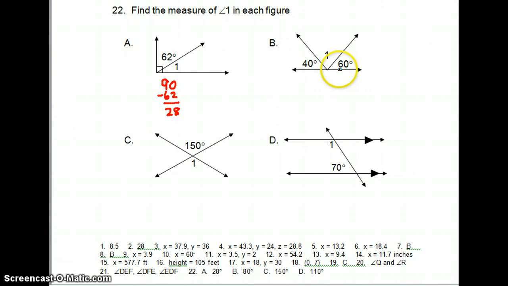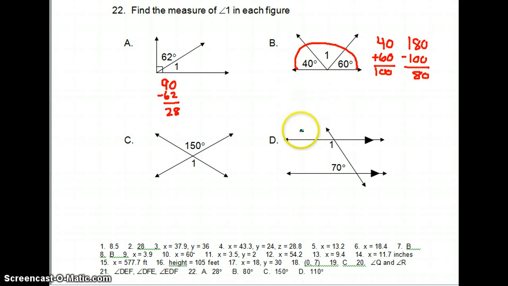Over here we've got 40 and 60. We know this is a straight line, 180 degrees. 40 plus 60 is 100. We're going to subtract that from 180, and that will give us 80. So angle 1 is 80 on that one.